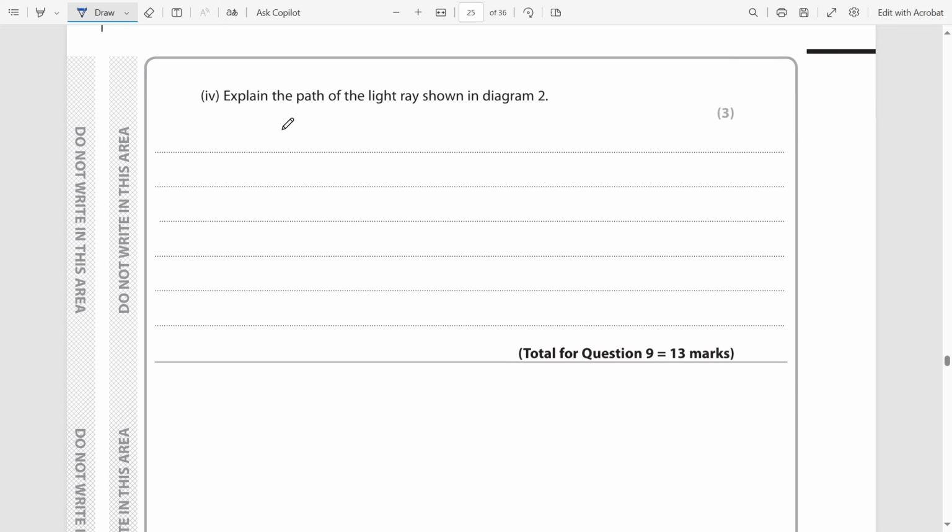Explain the path of the light ray shown in diagram 2.